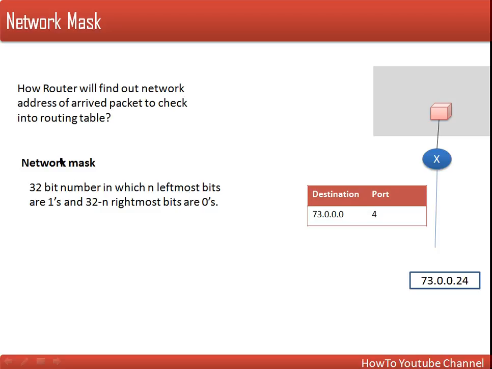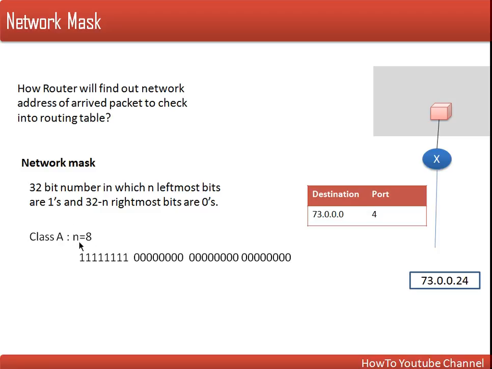So in the network mask, we have n leftmost bits as ones and the remaining 0. Let's have an example first, then it will be more clear. If we have an IP address of class A, we know class A has 8 bits reserved for network ID. So how do we find the network mask for class A? We put 8 ones and the remaining 0. So this is the network mask.